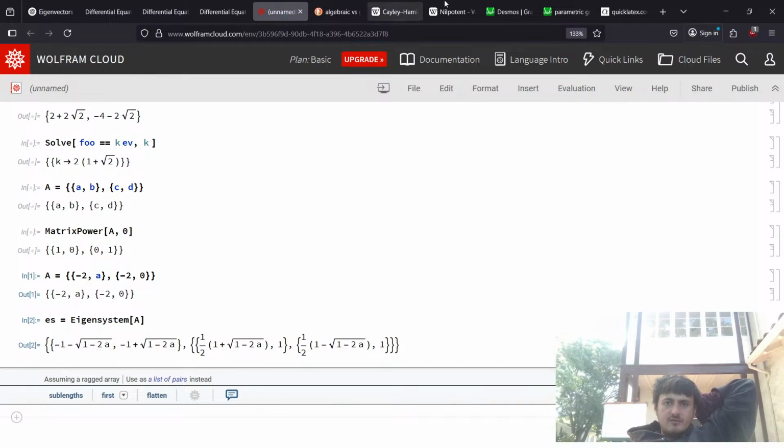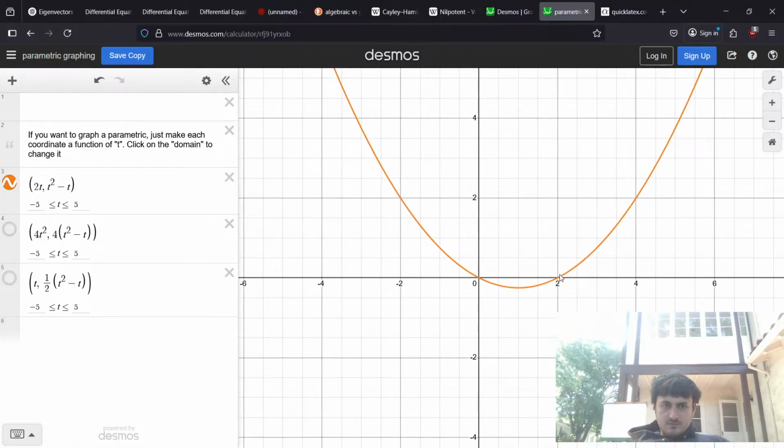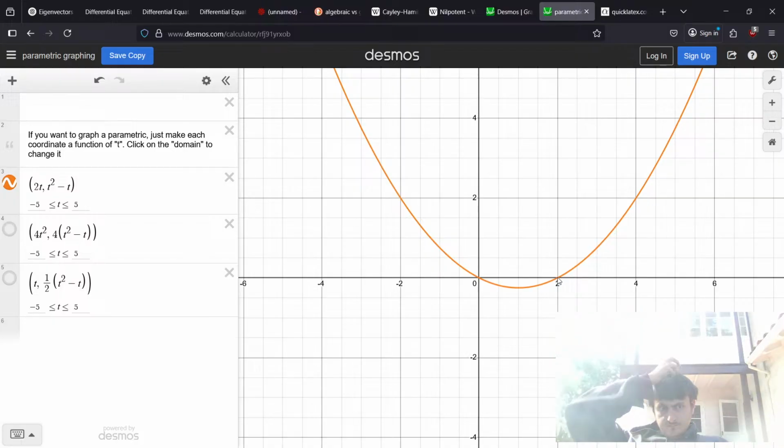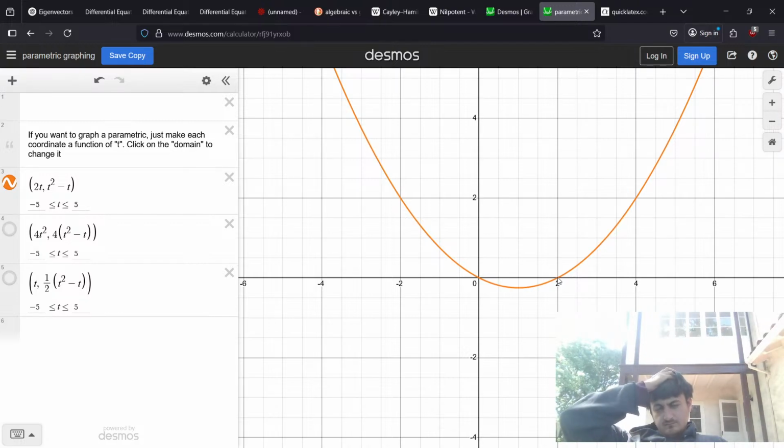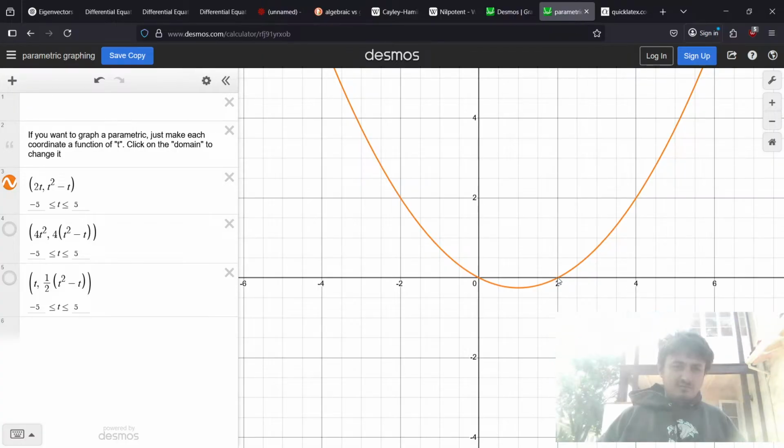Wait, I was right, though. Wait, was I right, or did ChatGPT make the same mistake as me? Because this curve... Actually, parametric curves are kind of weird. What?